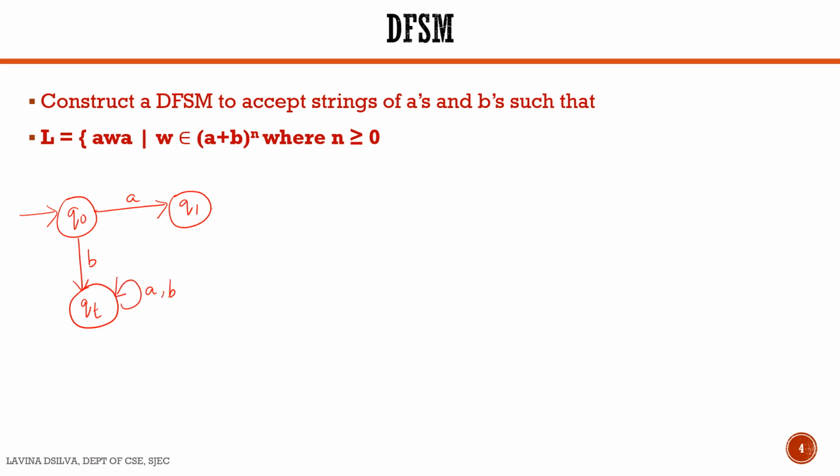In Q1 state, if we see an A, then we go to Q2 state, and in Q1 state, if we see a B, then we remain in the same state. Q2 state is our final state according to minimum DFSM or skeleton DFSM. In Q2 state, if we see an A, we can remain in the same state because it allows us to see two A's, right? And in Q2 state, if we see a B, then we go back to Q1 state.